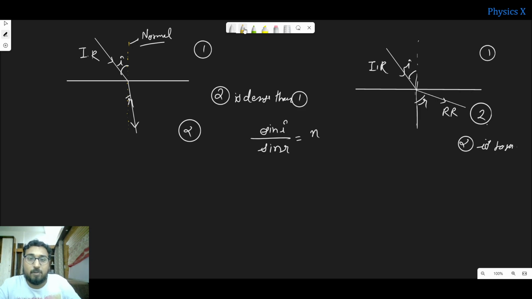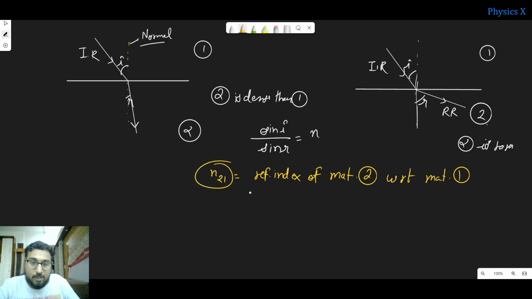Okay, and what we tell is that n21 means the refractive index of material 2 with respect to material 1, because I am summarizing, I am writing this again. In this case I will write sin i by sin r.